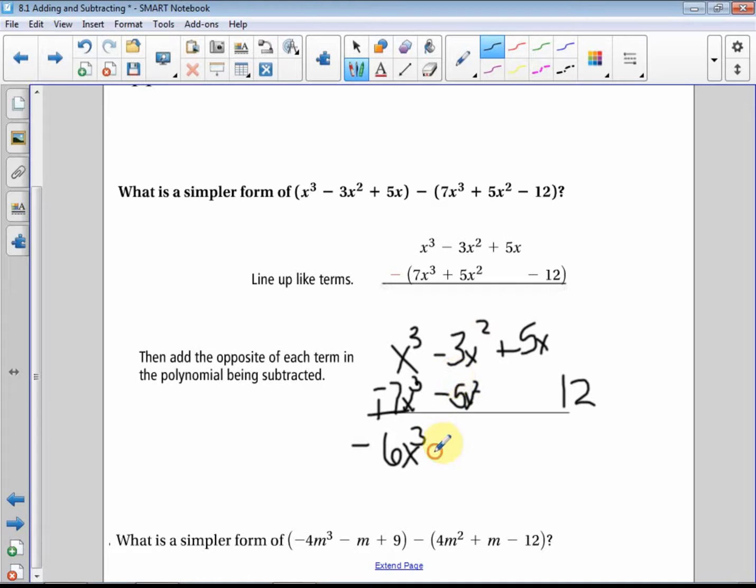So when I combine those, I have negative 8x squared. I have nothing to combine 5x with, so I'm just going to keep 5x. And I have nothing to combine 12 with, so I will just keep 12. Not too bad. An extra step compared to adding polynomials. So now when we're subtracting, we have to negate each term, and then we can add them together.